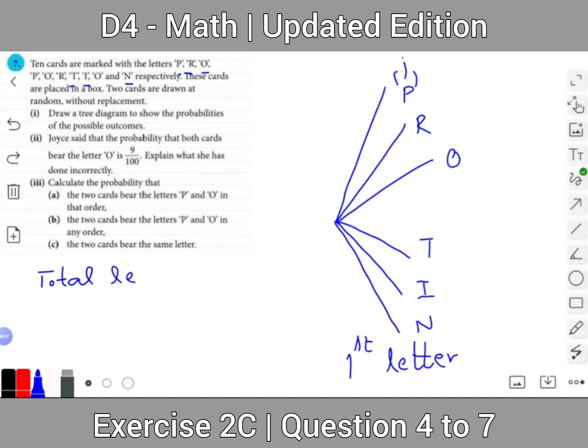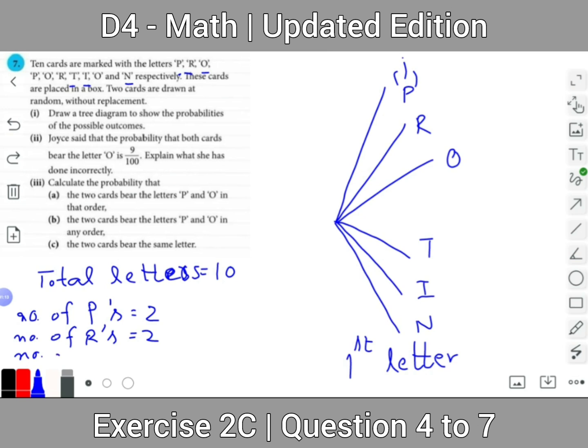Total letters are equal to 10. The number of P's is 2, the number of R's is 2, the number of O's is 3, and the number of T, I, and N is 1 each.